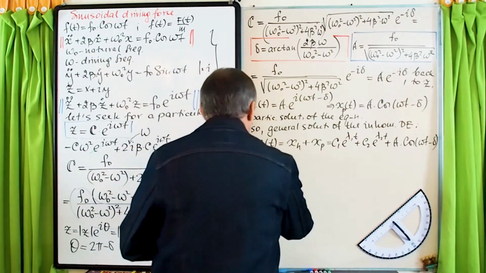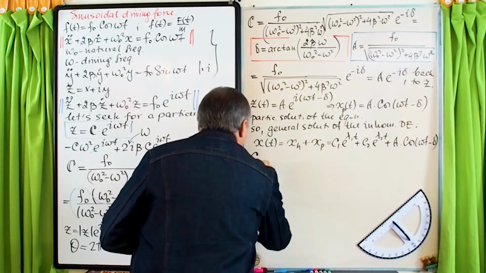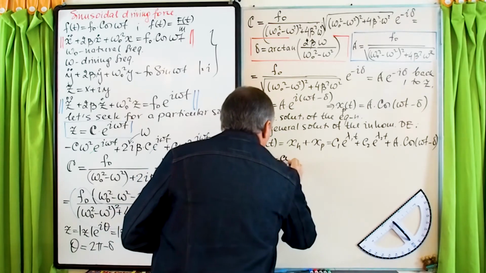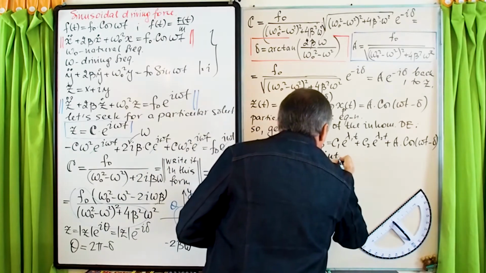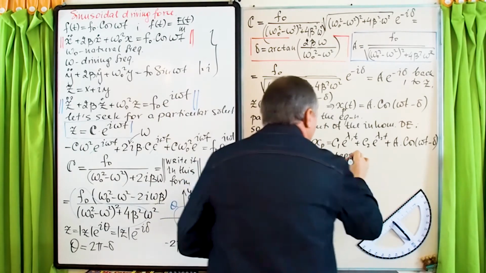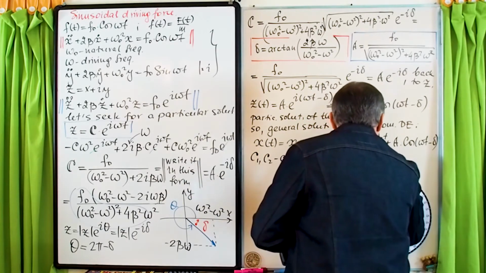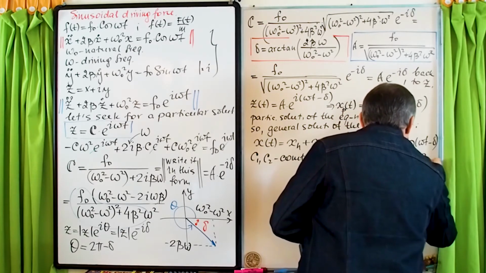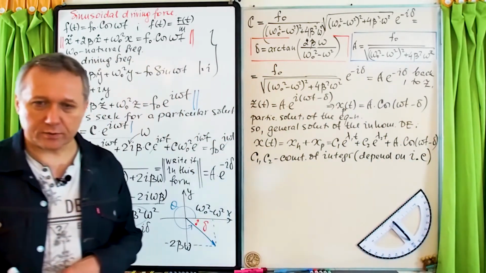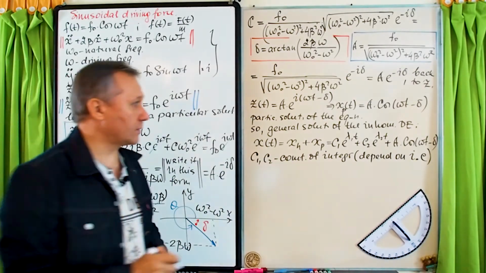Okay, let me emphasize this. C1 and C2 are constants of integration, so they depend on initial conditions.